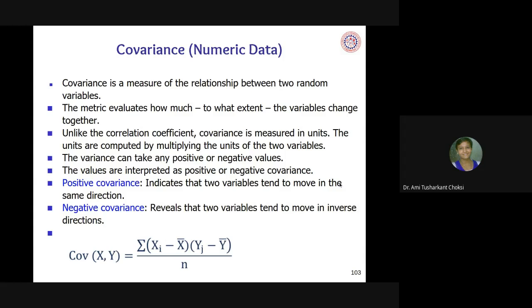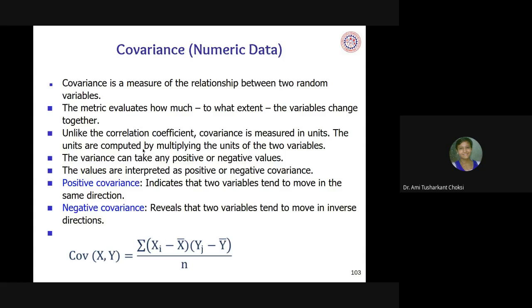The metric evaluates to what extent the variables change together. See, variance, we used to say, is change, isn't it? So what we find with the help of covariance is how much the variables change together, right? Unlike the correlation coefficient, covariance is measured in units.